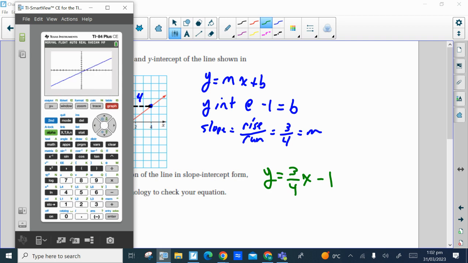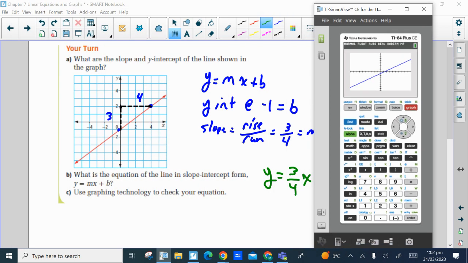So when you hit graph, it certainly looks like the graph on the right, but to confirm that, if we go trace, again, it defaults to the y-intercept where x is 0, y is negative 1, that's correct. We use this point (4, 2) over here to find the slope. So if I let x equal 4, hit enter, I get the right y value of positive 2.